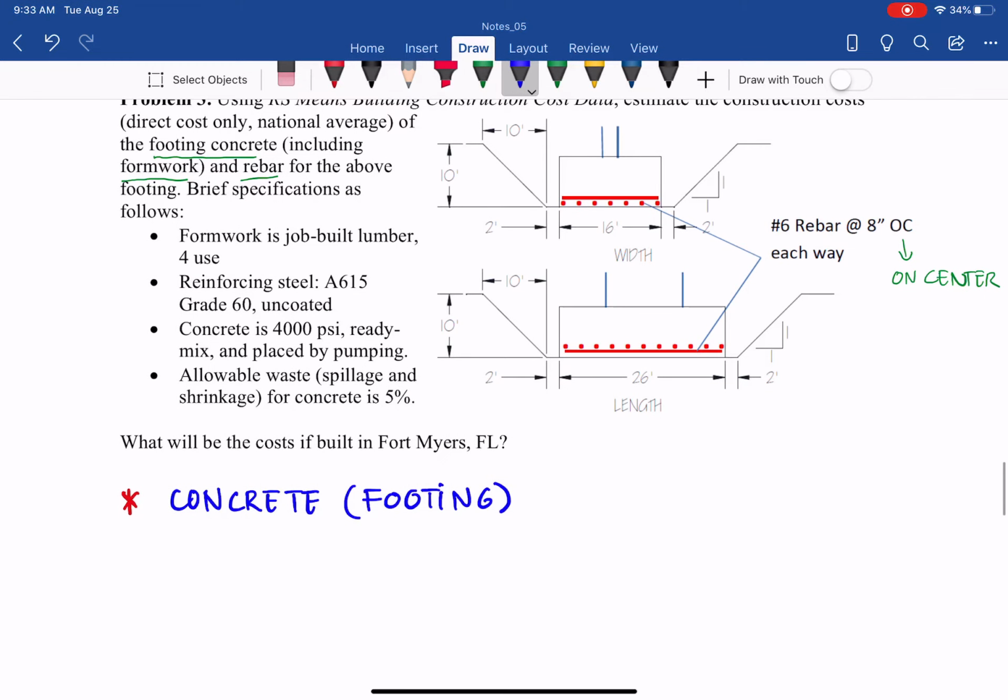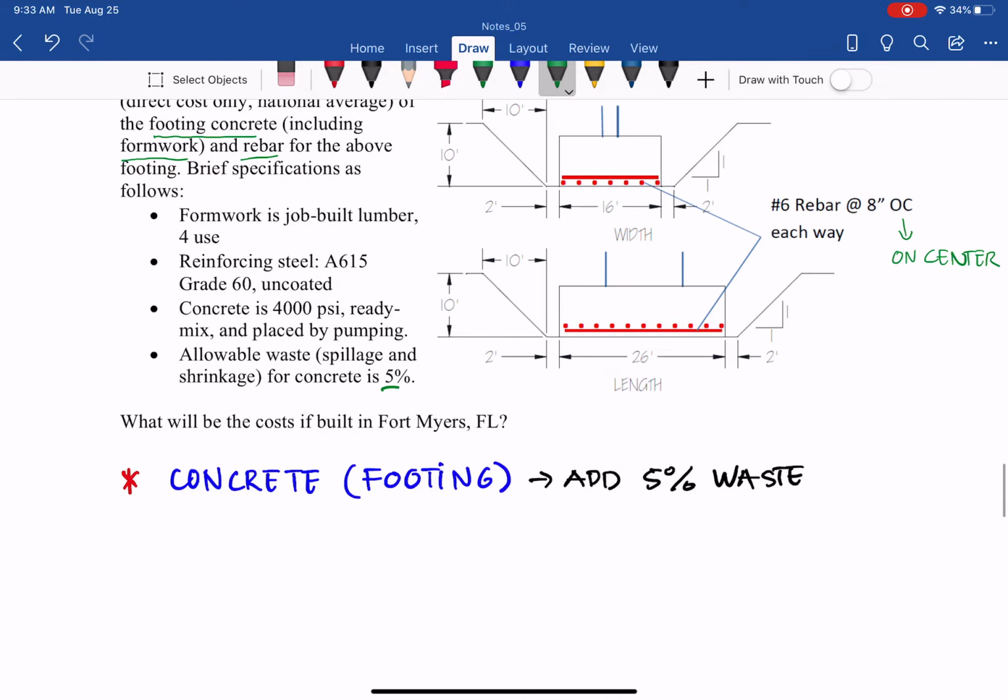For the footing concrete, as you can see, we add 5% waste as recommended by the problem. From that we can get the volume of the footing concrete.